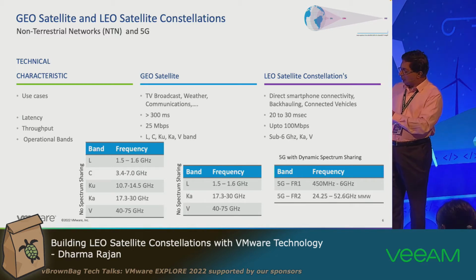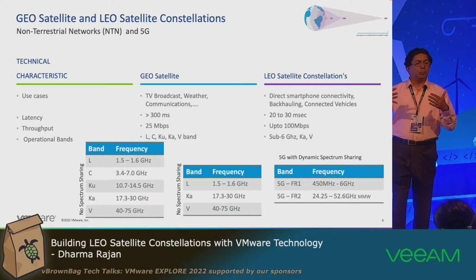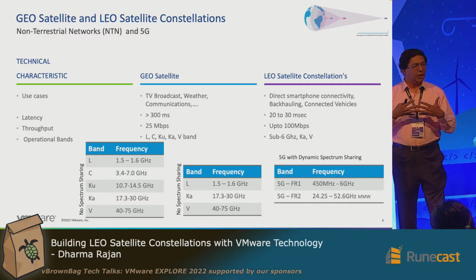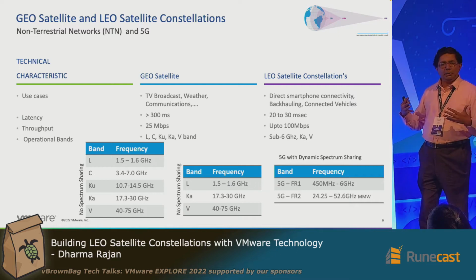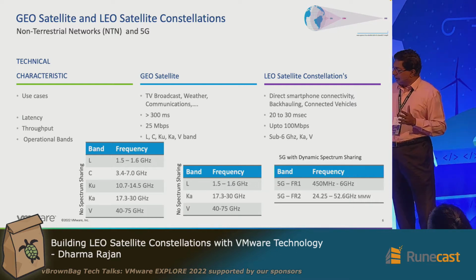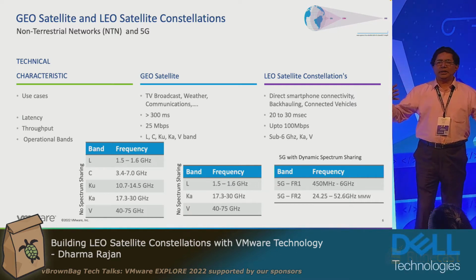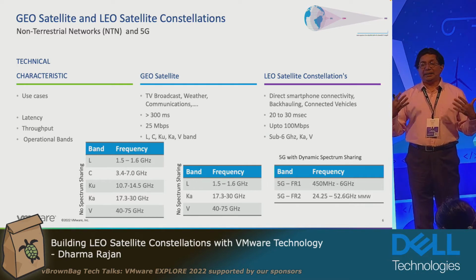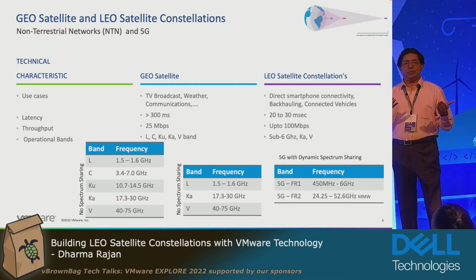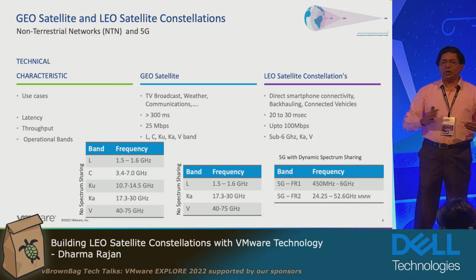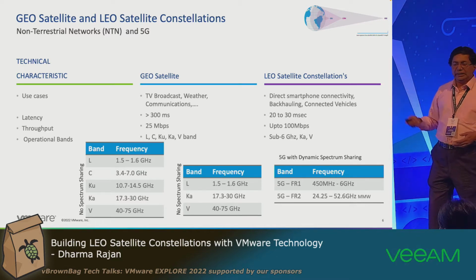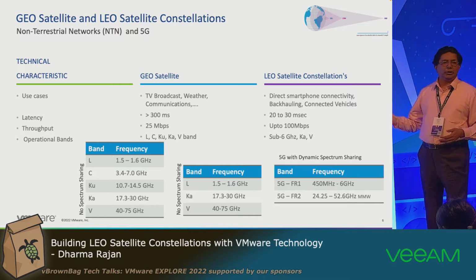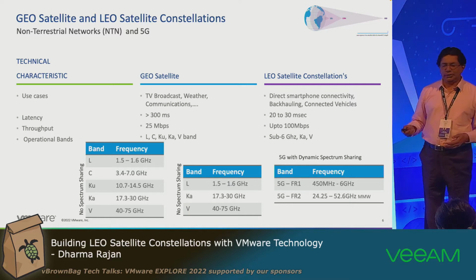So dynamic spectrum sharing is possible. And this type of technology, where spectrum sharing is possible, enables the terrestrial network and non-terrestrial network to communicate. Thereby, connectivity can be brought to smartphones directly from satellites or through the existing network. That's where the connection comes between LEO satellites and smartphone technology.